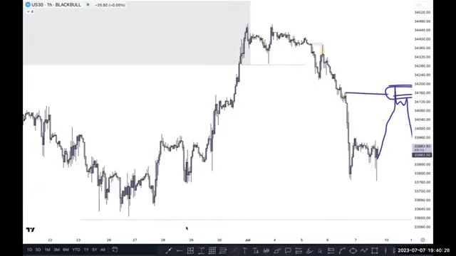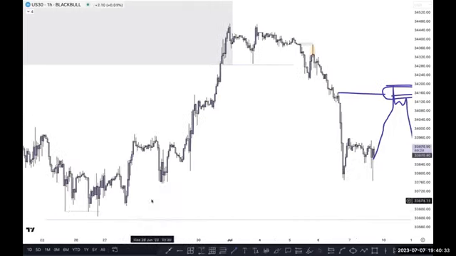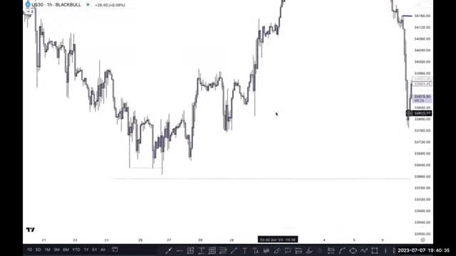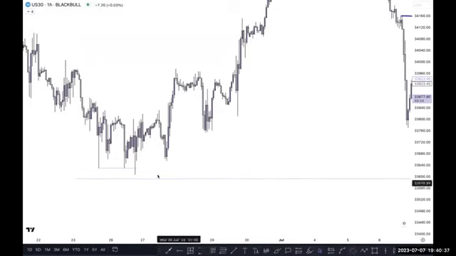For example, here the previous structure low is broken by this one, so this shadow grabbed the liquidity. We can mark this as a PY. The next candle mitigates this shadow. You can buy here and put the stop loss just below it, because this is a liquidity.